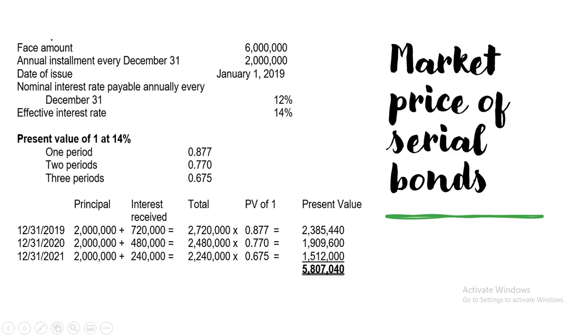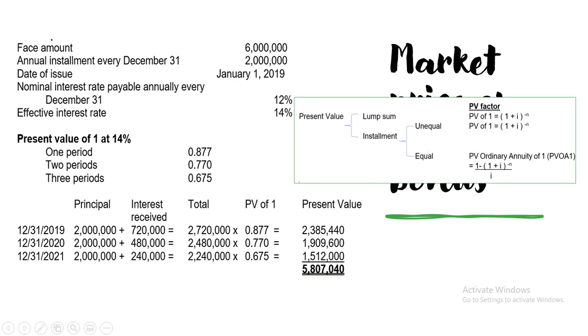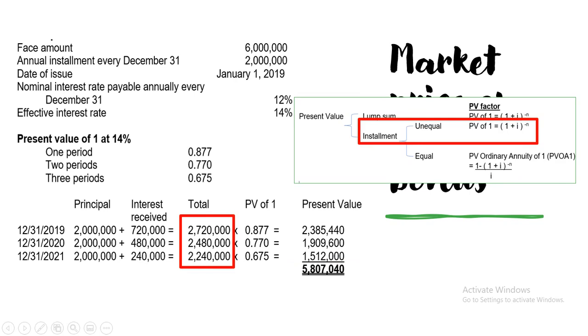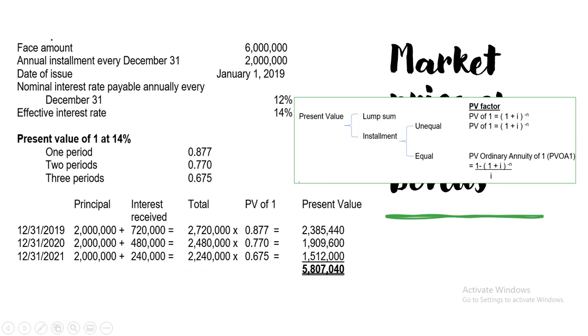So by the way, why did we use the present value of 1? Kasi nga remember, diba, if it is unequal installment, diba, installment siya kasi every year makaka-receive ka ng ganito. Since this is unequal, diba, hindi same yun siya every year. That's why we use present value of 1 as the present value factor. Okay? Ayan.